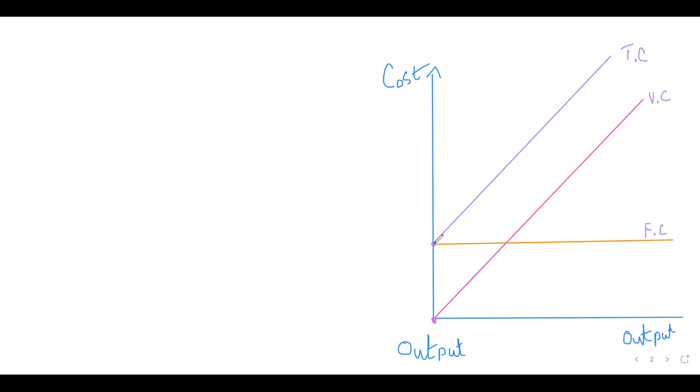Or if there's a security guard with the building, that was still being paid. So even when the variable cost is zero, you are paying some cost equal to your fixed cost. That's why total cost always starts from the point of fixed cost and then goes straight upwards, parallel to the variable cost. You understand what parallel is, like the two lines don't intersect.